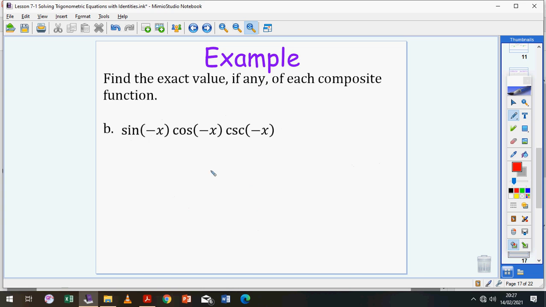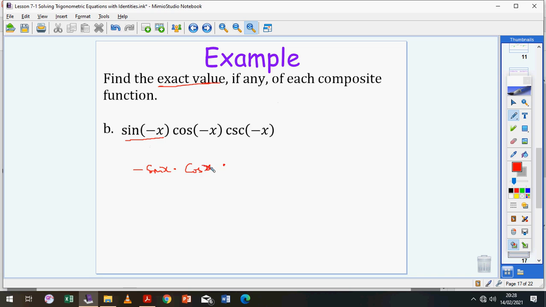It's asking me to find the exact value of each composite function. Well, I know that if I have the sine of negative x, that is an odd function, so that's the same as negative sine of x. The cosine of negative x, that's an even function, so it just stays as cosine of x.